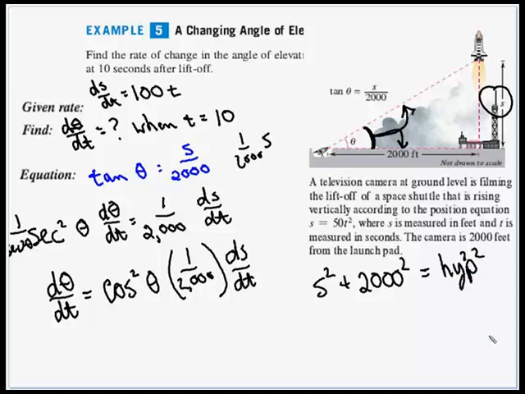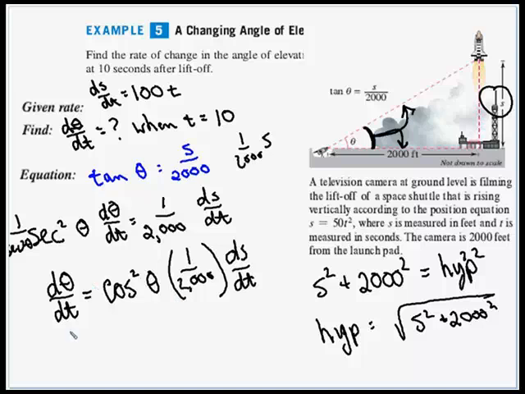If we just want the length of the hypotenuse, we take the square root of both sides. So the hypotenuse is the square root of s squared plus 2000 squared.